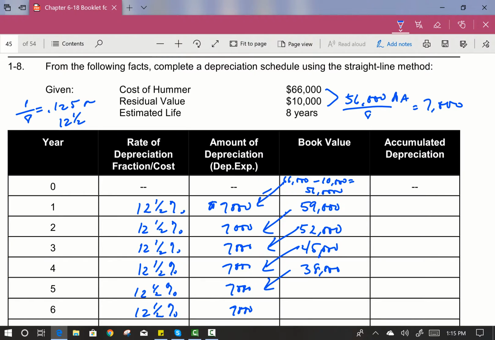Then 38,000 minus 7,000 equals 31,000. And then 31,000 minus 7,000 equals 24,000.